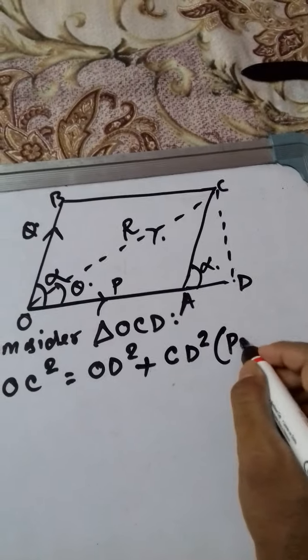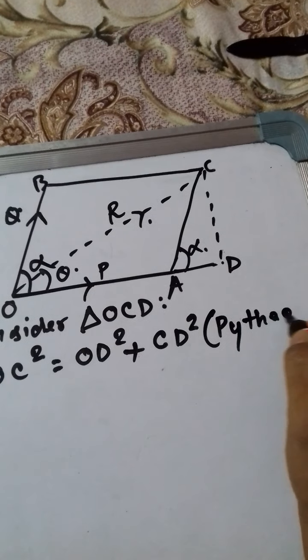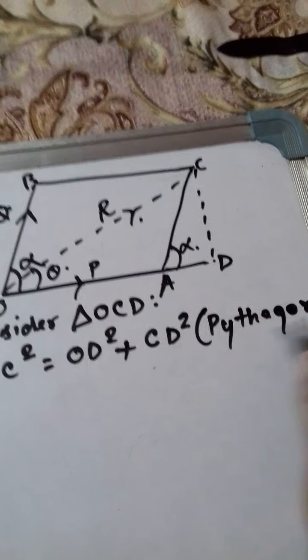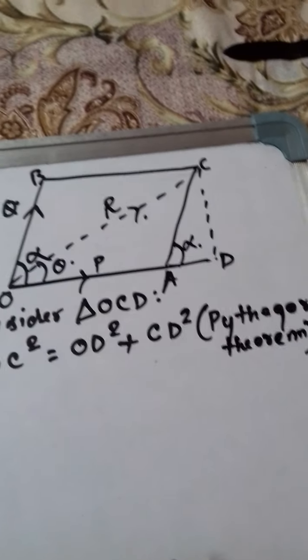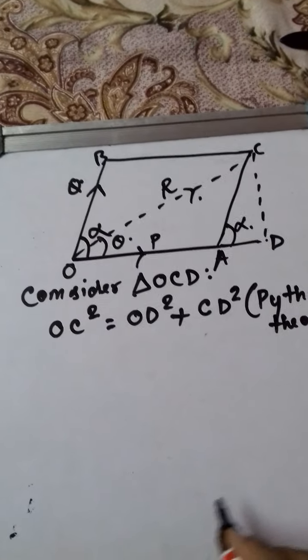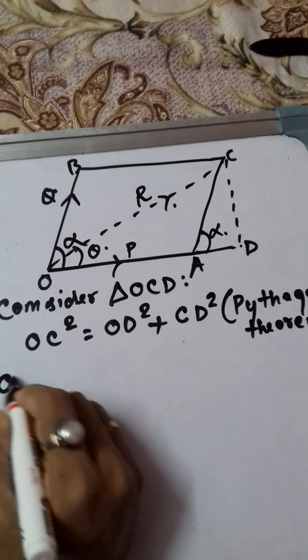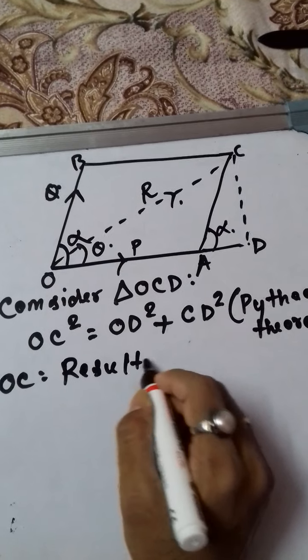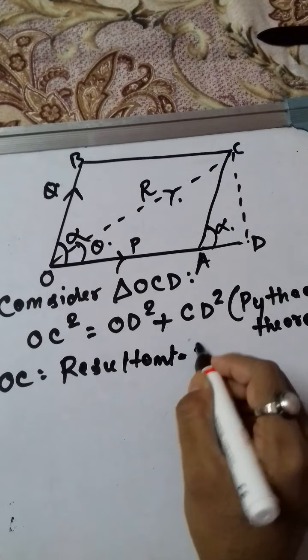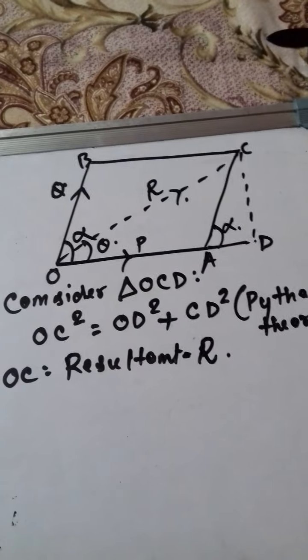This is as per the Pythagoras theorem. Now we know that OC is equal to the resultant, that is, OC is equal to R.